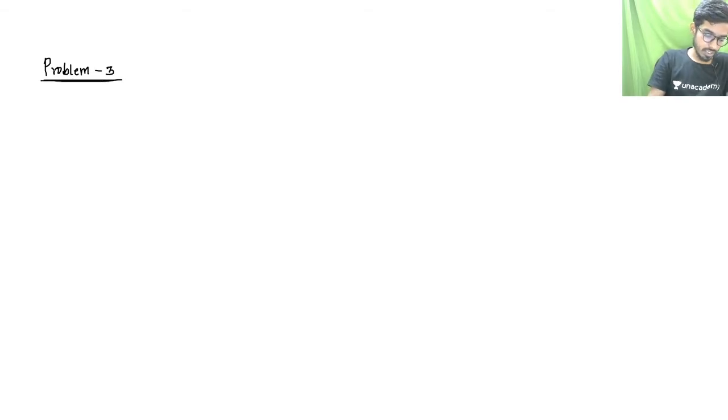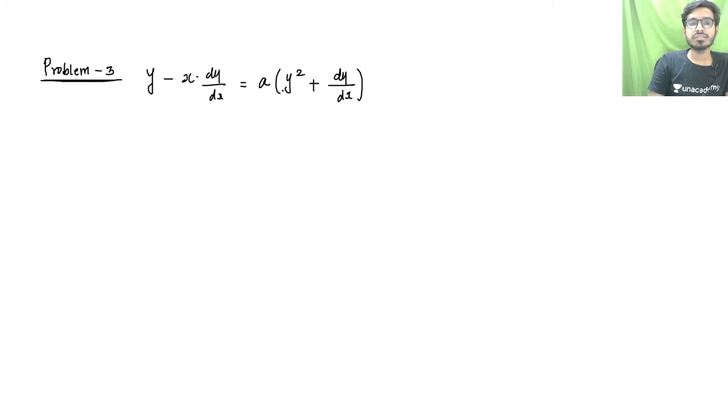So problem number 3. It is y minus x into dy by dx equal to a into y square plus dy by dx.